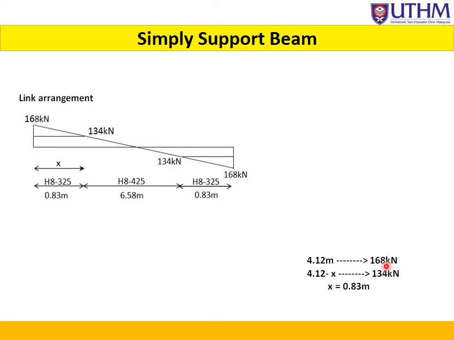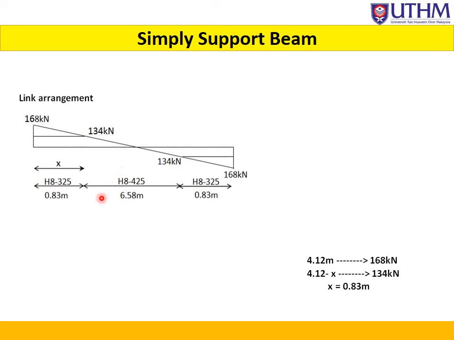The distance x from the support having 134 kilonewton. Therefore, the value of x is 0.83 meter. This means we should provide 325 millimeter at 0.83 meter from the support for spacing 325 millimeter.